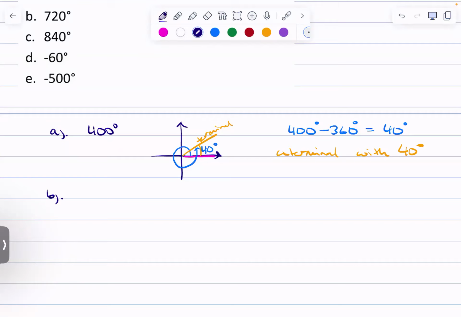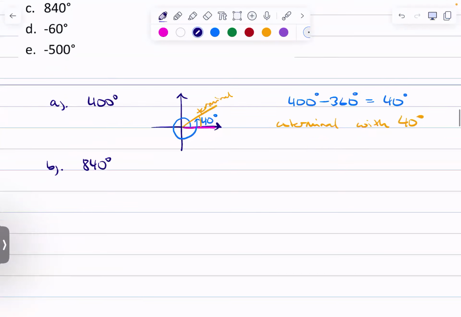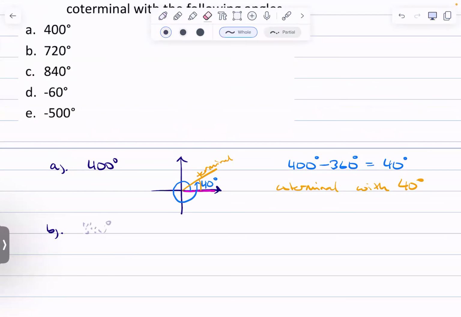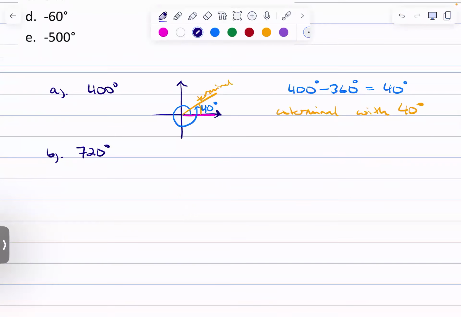Doing the same thing for B, we have 840 degrees. I have a feeling I'm going to go around two times. Let's try it.